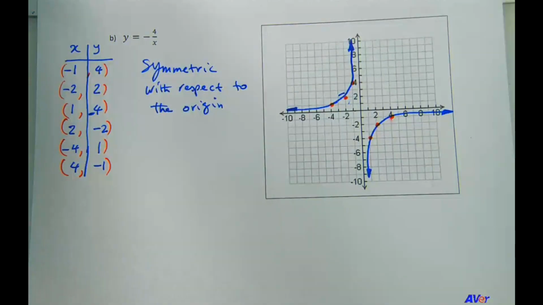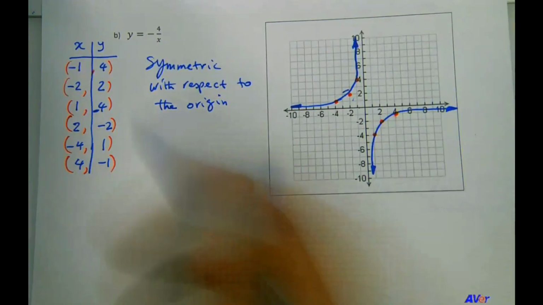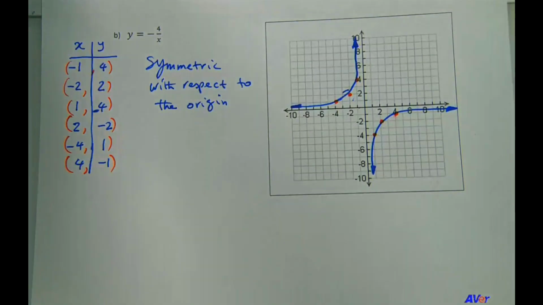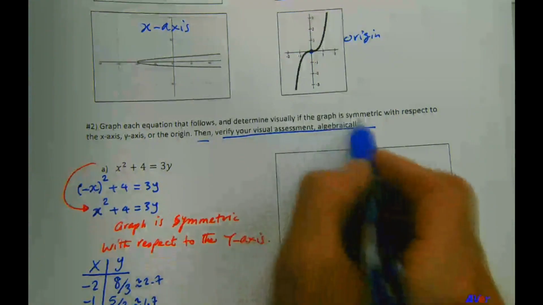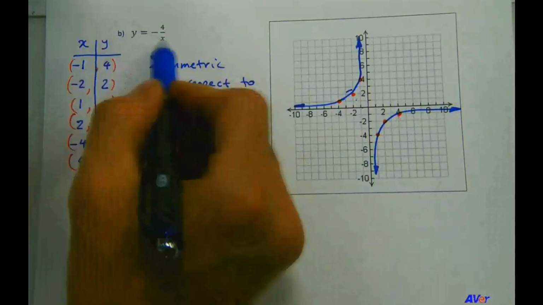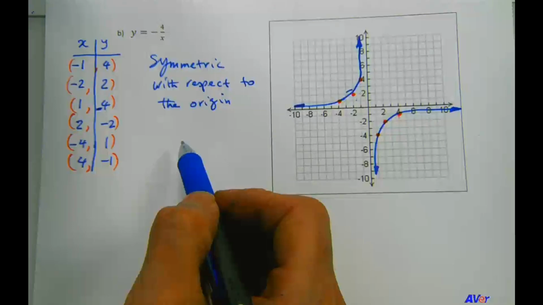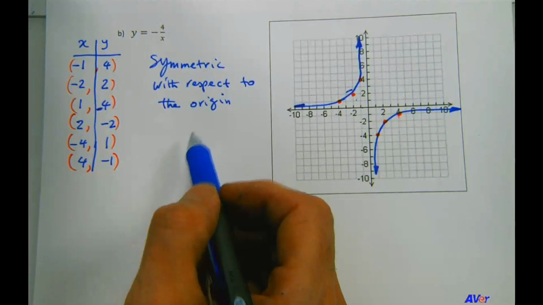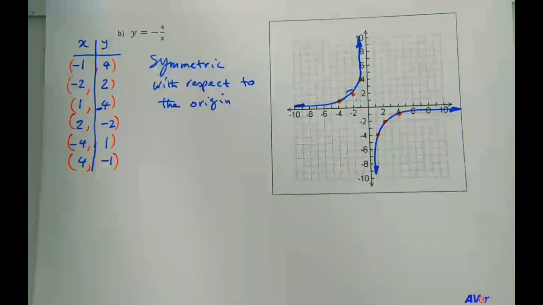Okay, so now they've asked us to show this numerically. How do we show this? Or algebraically, sorry. It says algebraically, not numerically, right? It said, verify your visual assessment algebraically. So algebraically is when we replace x with, let's say, negative x. Right?